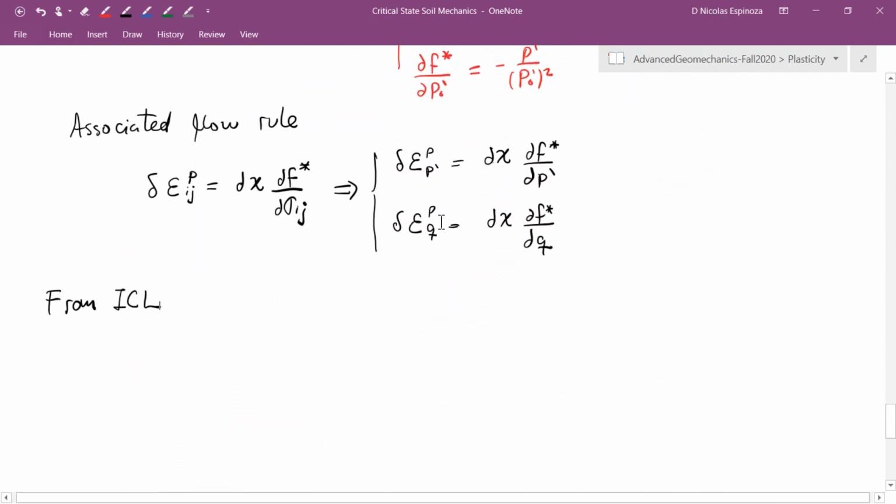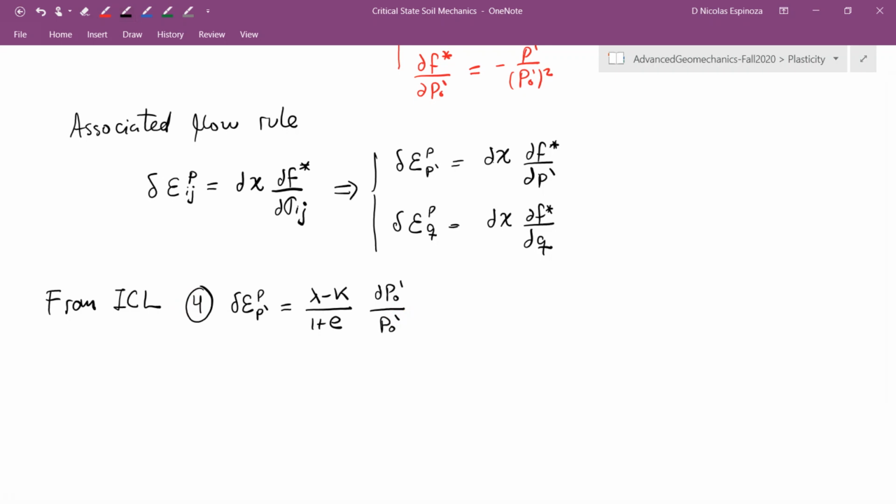So from the isotropic consolidation line, I get this equation: the increment in plastic volumetric strain is equal to lambda minus kappa, over 1 plus the void ratio, times a change of the pre-consolidation stress divided by the actual consolidation stress. Let me call this equation number 4.